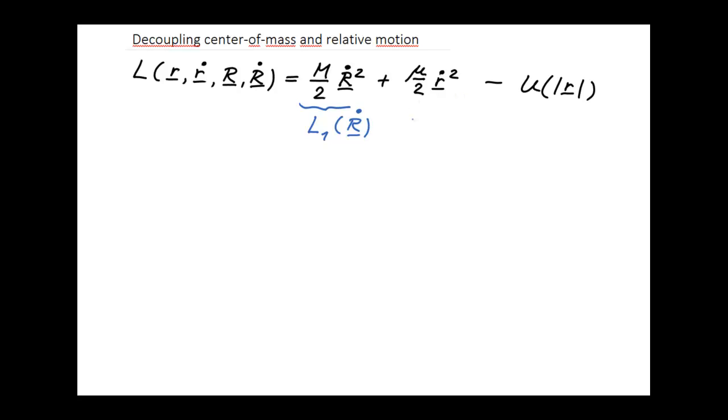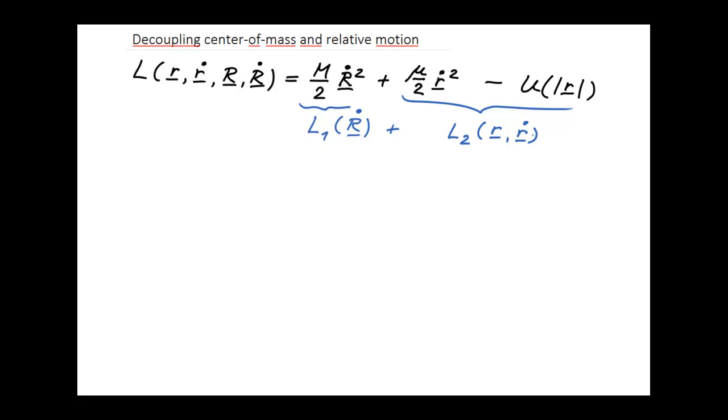And then you have terms that depend only on the relative coordinates and their time derivatives. So you can view that as a second contribution to the Lagrange function, which depends only on the relative positions and velocities of the two bodies.